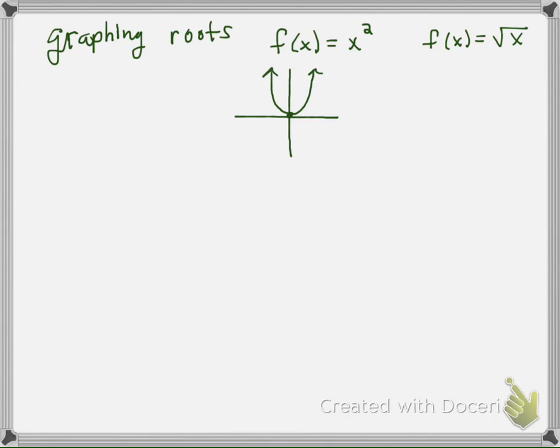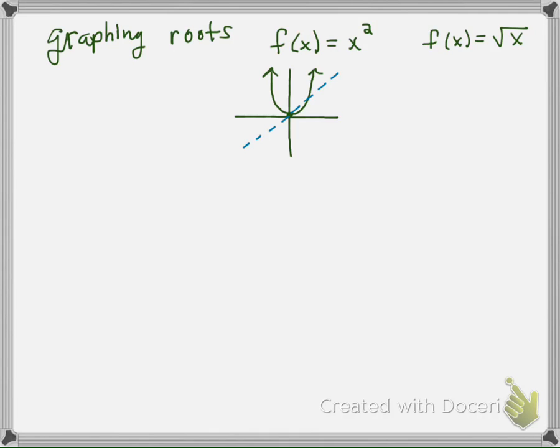So now let's talk about what if we wanted to graph its inverse. Remember that paper folding activity we did? The inverse functions are always reflections over this line. Okay, so let's try to graph the inverse of this.